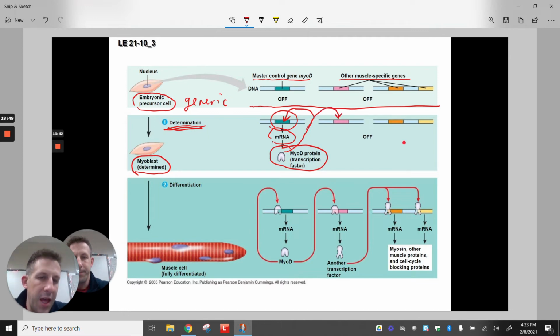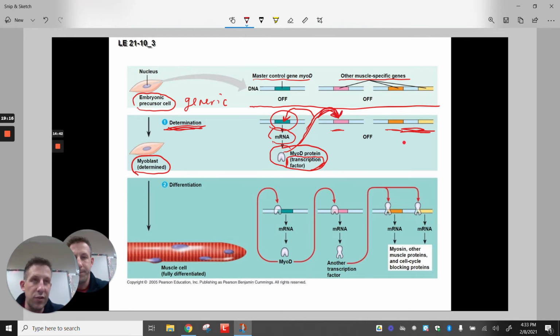And so these other genes that we see here, this pink one and this orange one and this yellow one up here, those are genes that code for specific things that you would find only in a muscle cell. And so what this early-on transcription factor does, that I've kind of circled down here again, is it turns all these muscle-specific genes on so that you can make muscle parts.